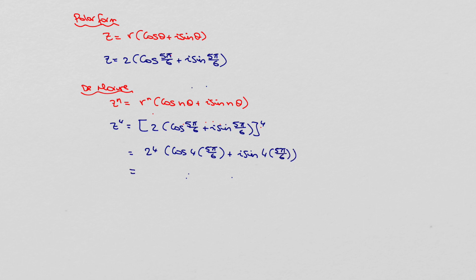And 2 to the power of 4 is 16, and 4 times 5 pi over 6 is 20 pi over 6, which simplifies to 10 pi over 3.